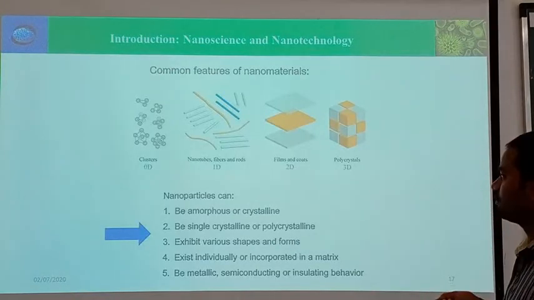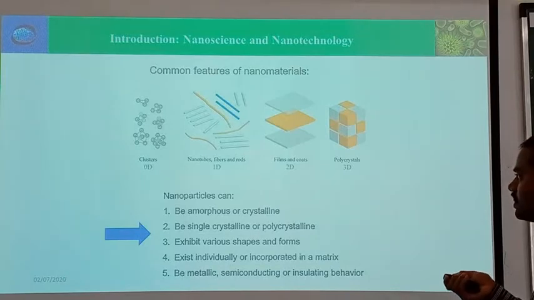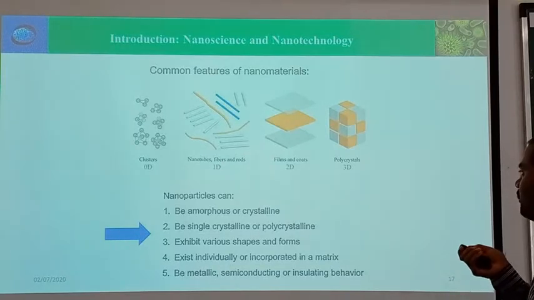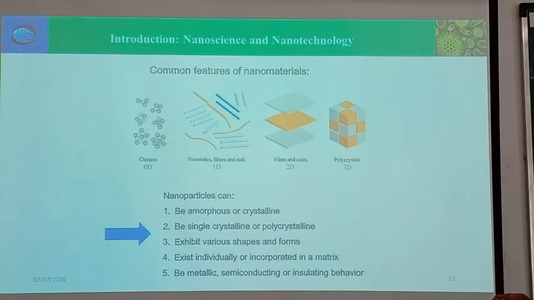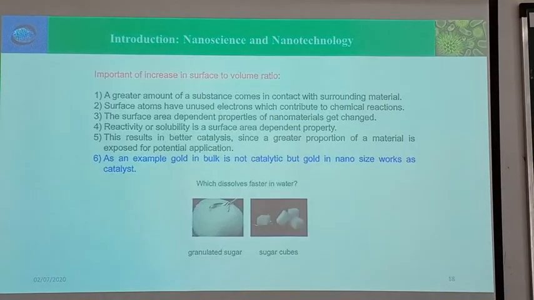Now, common features of nanoparticles. Nanoparticles can be amorphous or crystalline, single crystalline or polycrystalline material, exhibit various shapes and forms, and may occur as zero-dimensional, 1-dimensional, 2-dimensional or 3-dimensional. These are the common features of nanomaterials. They exist individually or incorporated in a matrix, and can be metallic, semiconducting or insulating in behavior.